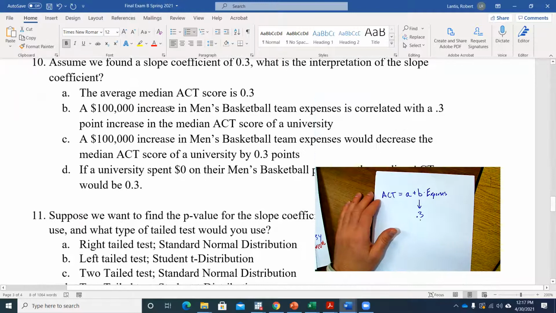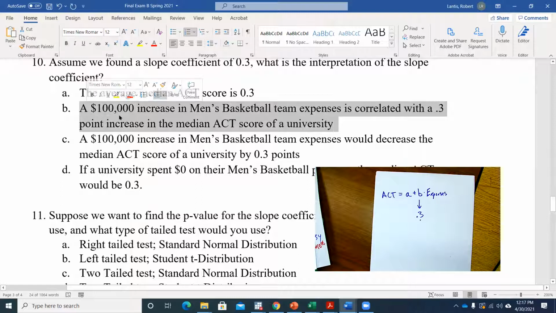So a $100,000 increase in its basketball expenses is correlated with, I shouldn't have said cause, but it's correlated with a 0.3 increase in the median SAT score of the university. That's how we would interpret that.